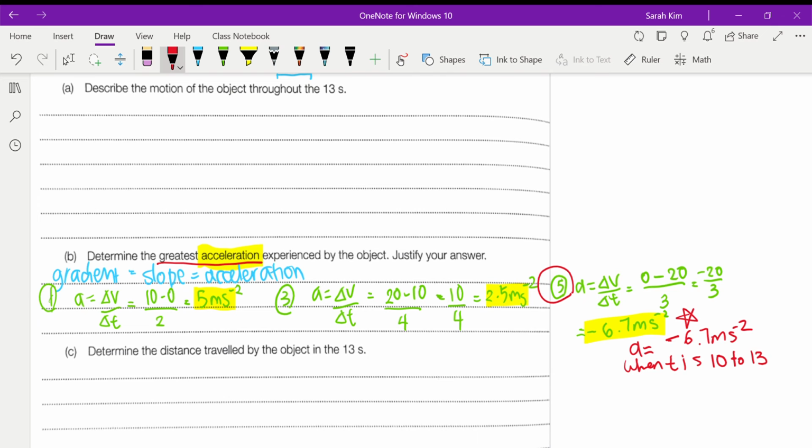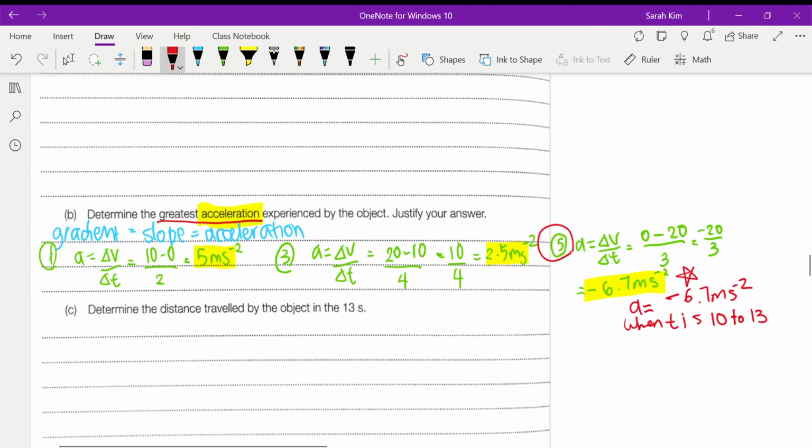Alright, determine the distance travelled by the object in the 13 seconds. So that's the whole thing. They gave us the fact time is 13 seconds and we want to figure out the distance travelled. Determine the distance travelled.